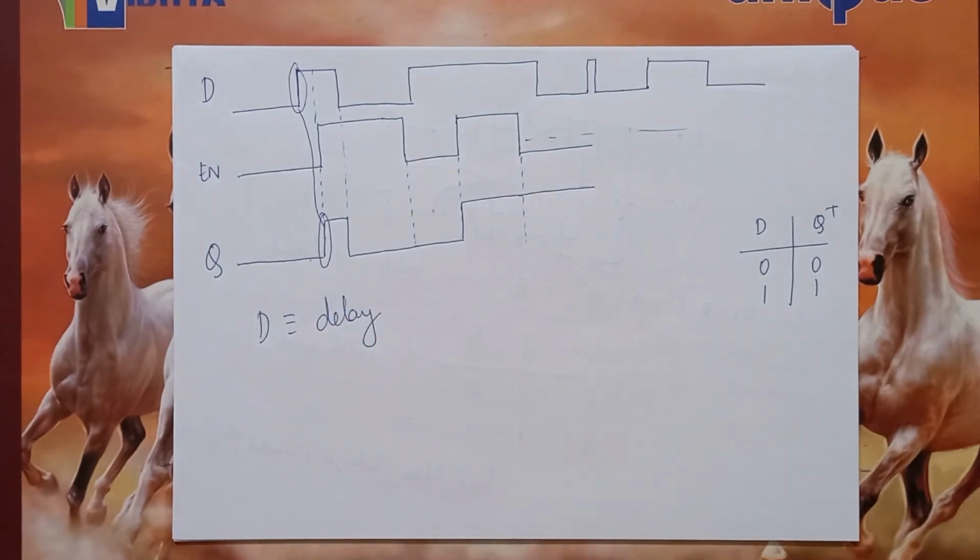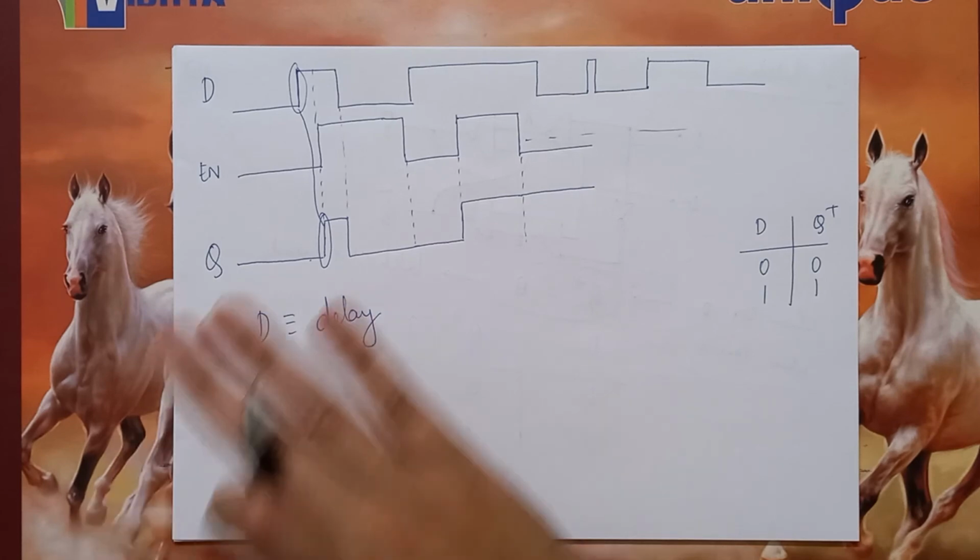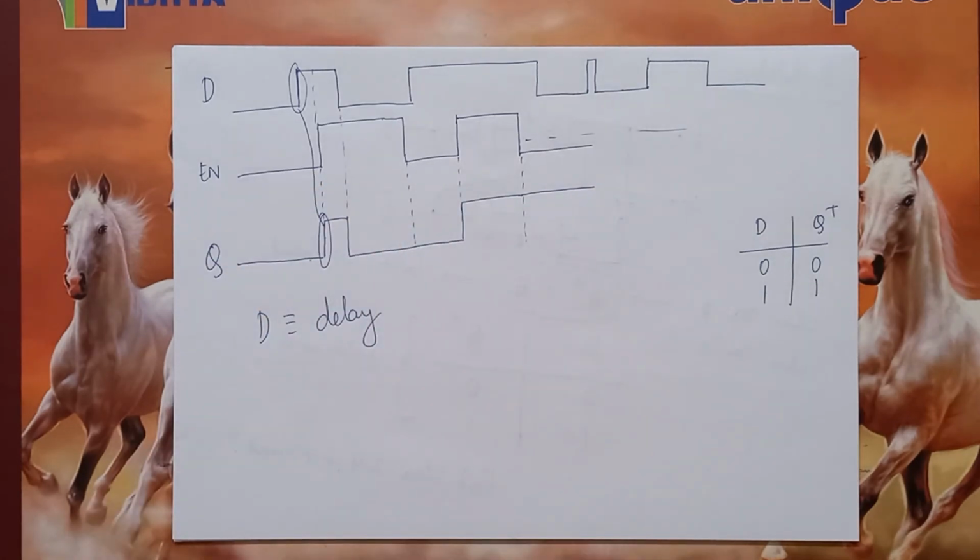So there is some kind of a time delay, which is a consequence of the logic function rather than the delay of the individual gates. So therefore, if you want to generate a delay, you can use the D flip-flop, or the D latch.